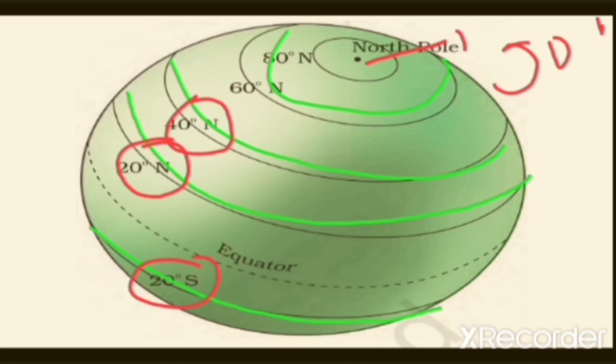If it is 20 degree north, the place located on it is in the north direction. Similarly, 20 degree south shows that the place located on this latitude is on the southern side. This is south pole, which is 90 degree.